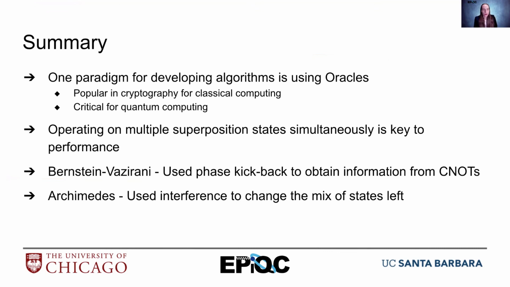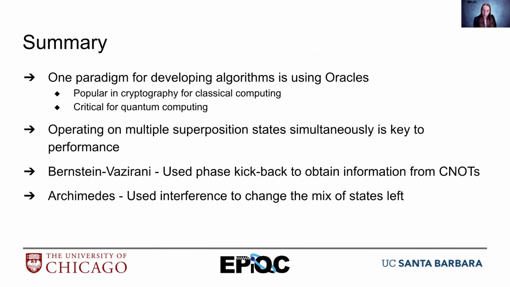Okay? So in summary, one paradigm for developing algorithms is using these oracles, which are already used in classical computer science for cryptography and security purposes. But it turns out it's even more critical for quantum computing. And operating on multiple superposition states simultaneously is the key to performance, and we saw that in both algorithms.